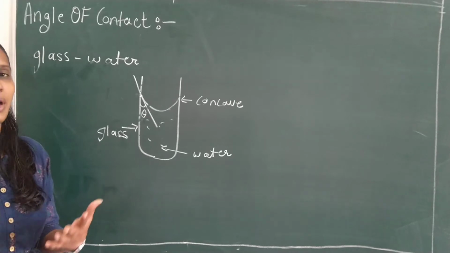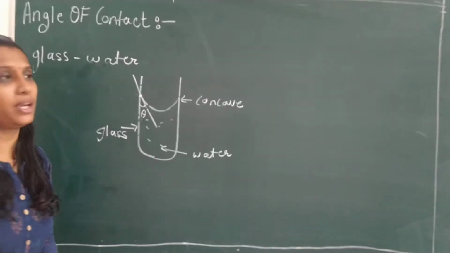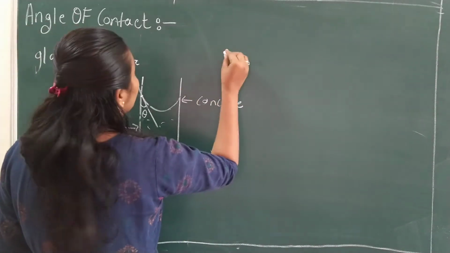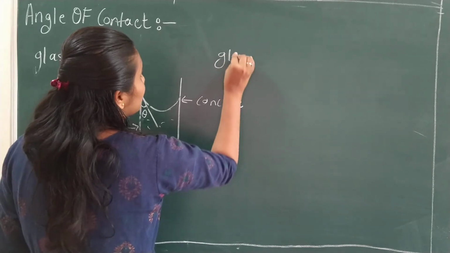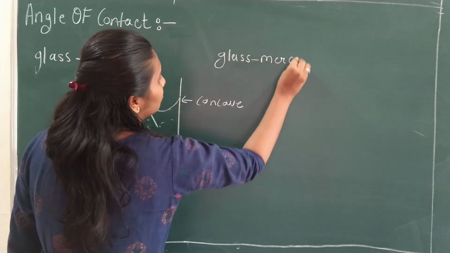If I change the pair, first I have taken the glass-water pair. Now I will change the pair of liquid and solid, and let's have another pair: glass as it is, but my liquid changes, that is mercury.